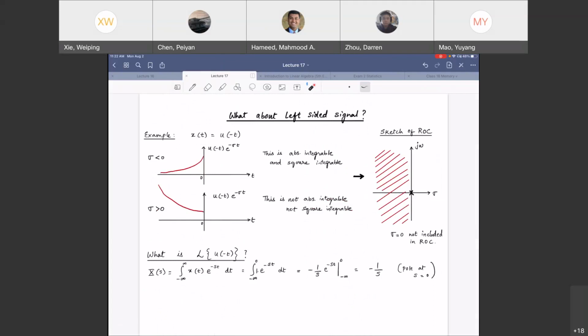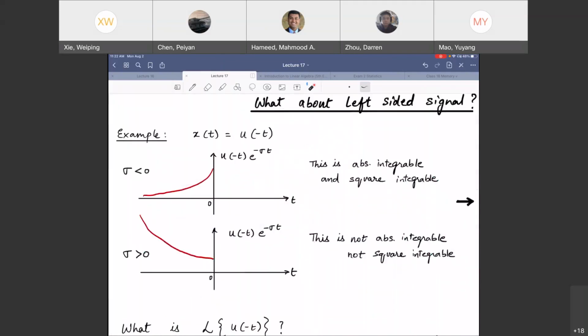What about left-sided signals? Well, if you have a left-sided signal, for example, u of minus t, let's try to borrow the factor of e to the minus sigma t and look at the two options over there, e to the minus sigma t with sigma greater than 0, less than 0. So if sigma is greater than 0, you have something like this, exploding as time goes on. Over here, converging as time goes on. So when sigma is less than 0, you're good.